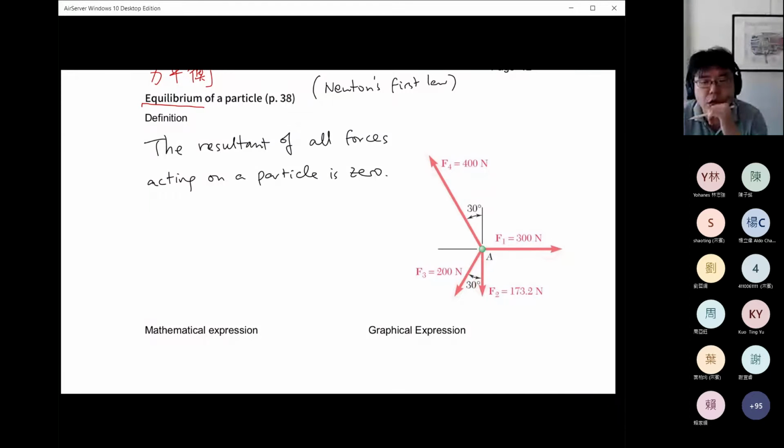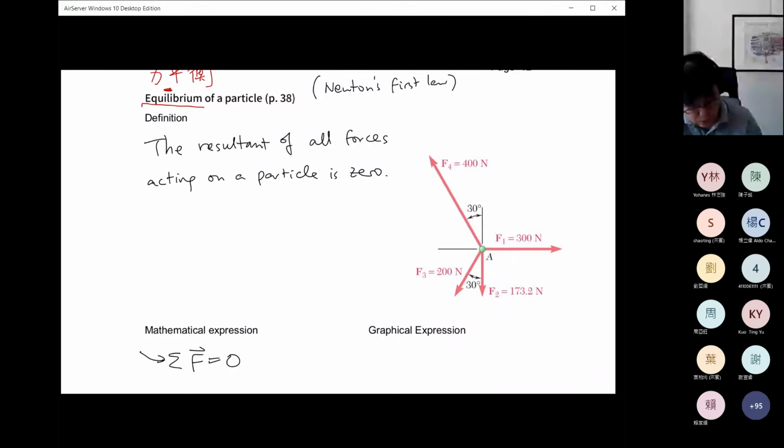If these 4 forces are in equilibrium, we have 2 ways of expressing equilibrium. The first one is the mathematical expression. It means if we add all the forces together, it is equal to 0.